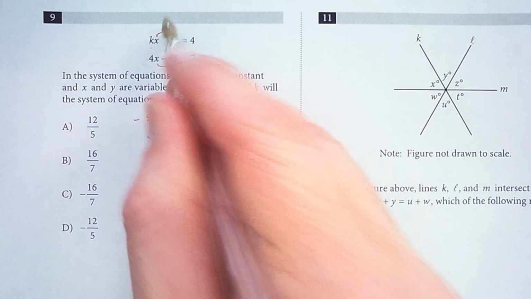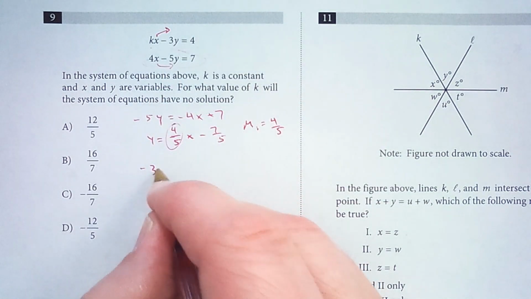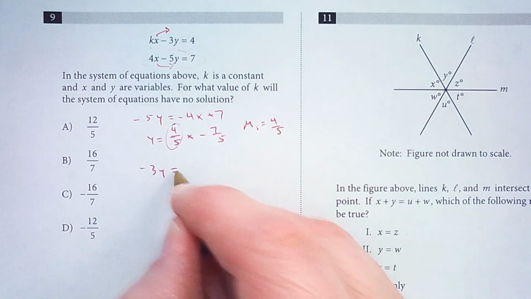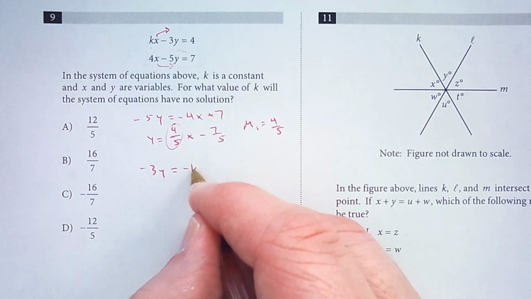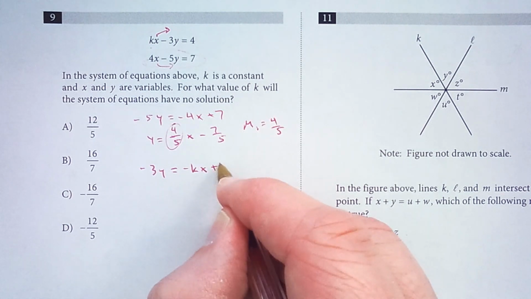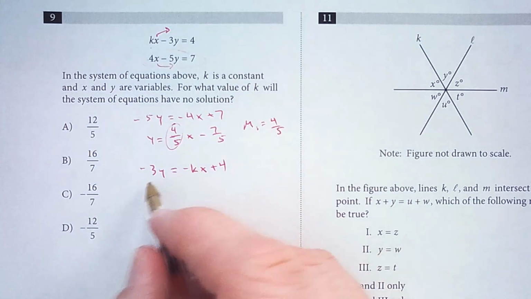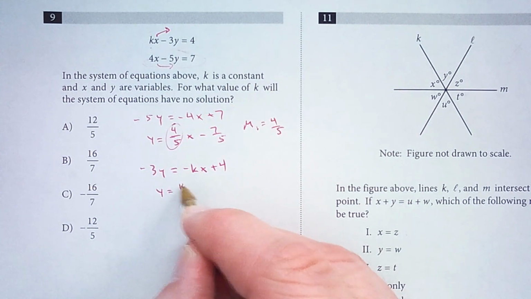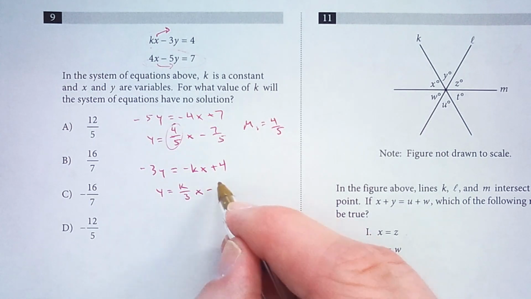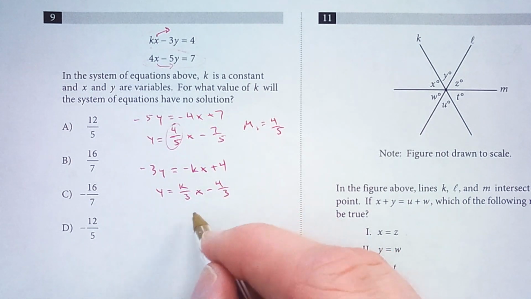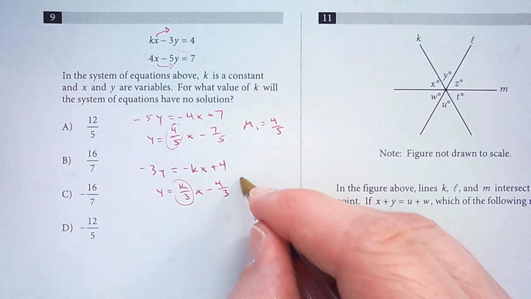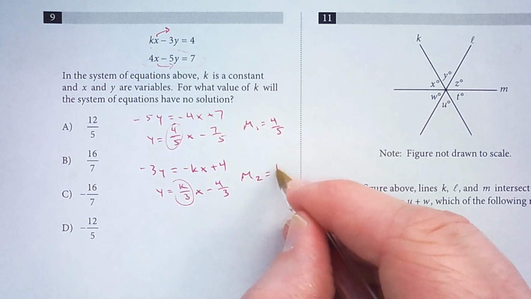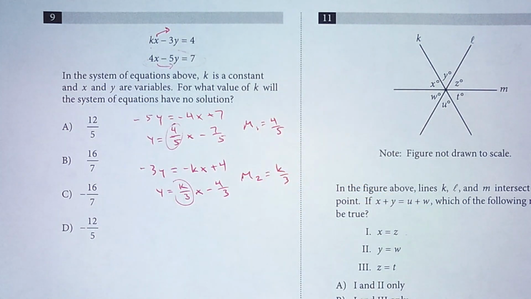So I'll move kx over, so I get negative 3y equals negative kx plus 4. And I'll divide everything by negative 3. Y equals k over 3 x minus 4 over 3. So there's the slope here. So the slope of line 2 here is k over 3.